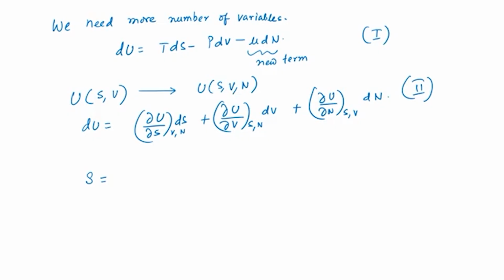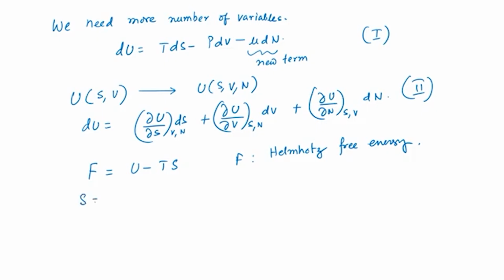However, what one does here is that one introduces a new energy functional, which we have discussed earlier, the Helmholtz energy, which is U minus TS. So, F is the Helmholtz free energy, U minus TS.